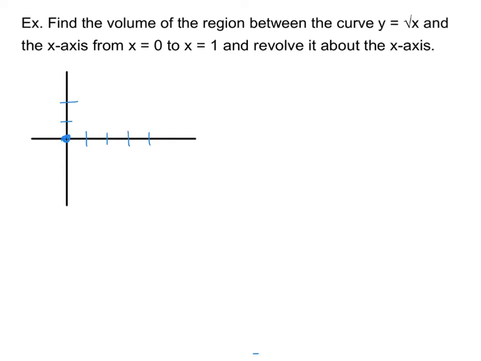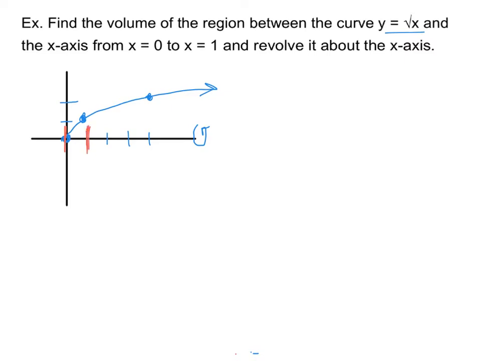I have (0, 0), (1, 1), and then (4, 2). Okay, so that's my y equals square root of x. I have the x-axis. I also know I'm going to revolve it around the x-axis, so I'm going to go ahead and write that. And I want to go from x equals 0 to 1.